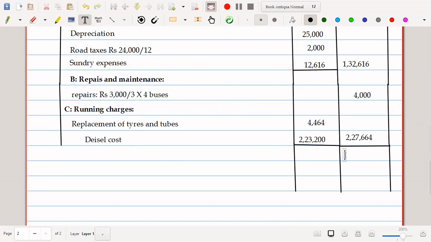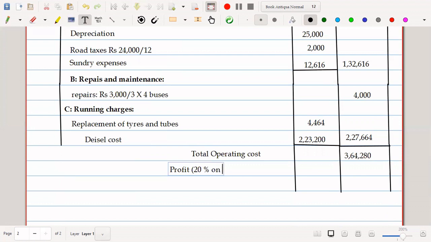So let's take the grand total of all this. What is the total here? It comes to 3,64,280. What is this? This is total operating cost. And they have given in the problem to add profit, that is 20% on cost.